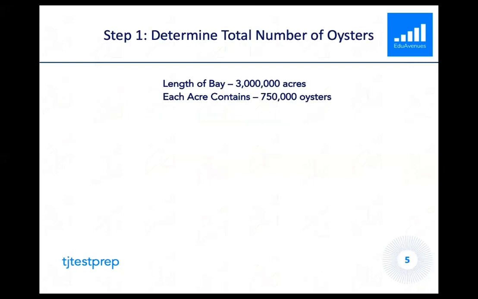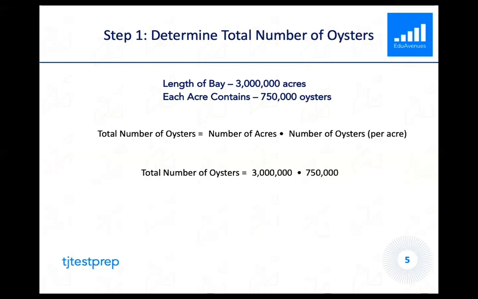The first step is to determine how many oysters are in the Chesapeake Bay in total. From the prompt, we know that the Chesapeake Bay covers 3 million acres and that each acre contains 750,000 oysters. We can use these details to find the number of oysters in the bay. So the total number of oysters would equal the number of acres multiplied by the number of oysters in each acre.